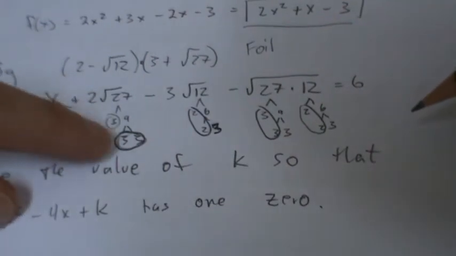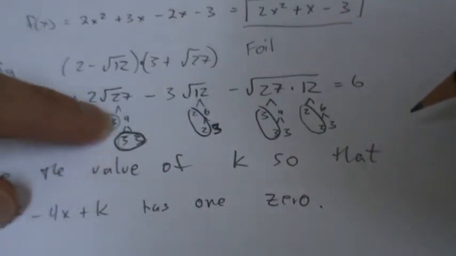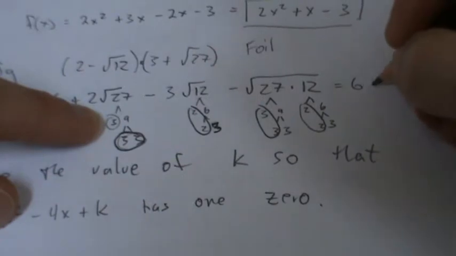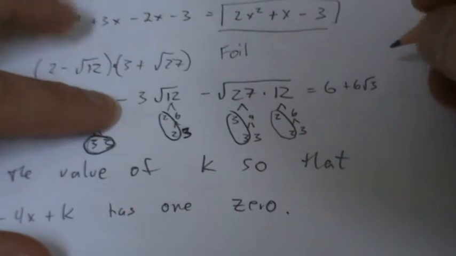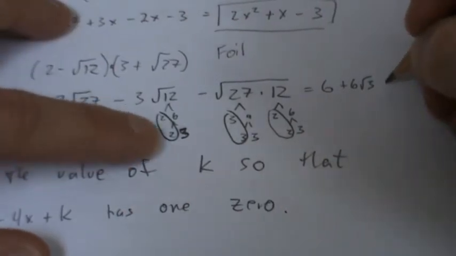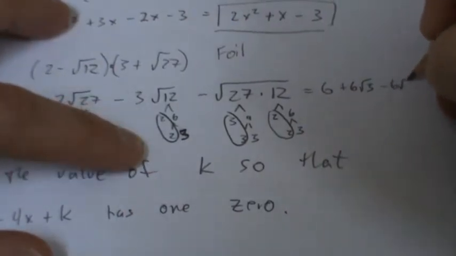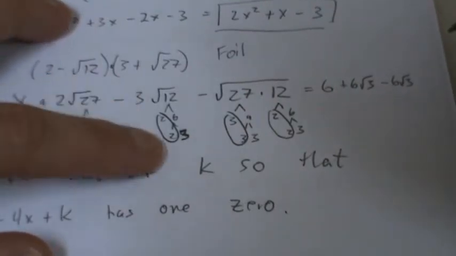I've got 2 times 3 times root 3, or 6 root 3. And I've got minus 6 root 3. It's 3 times 2.